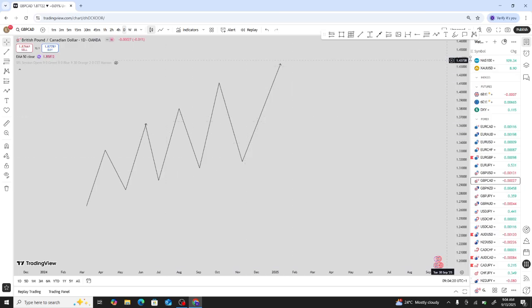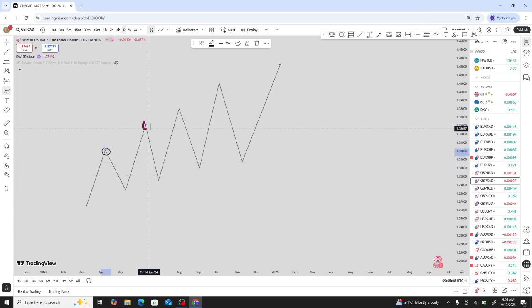So why do we even say there are higher highs and higher lows? It is because this high right here is higher than this previous high. An uptrend is when price makes higher highs and higher lows.